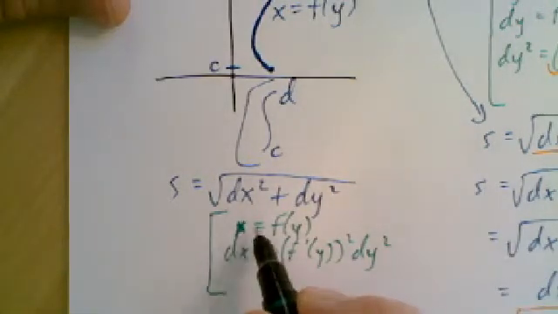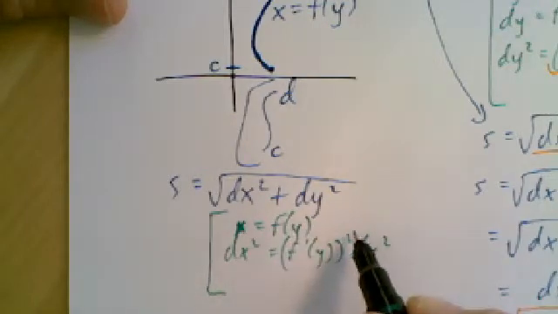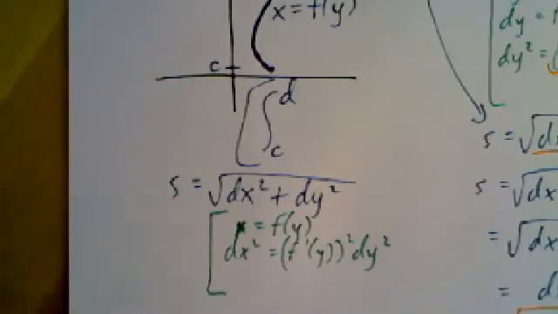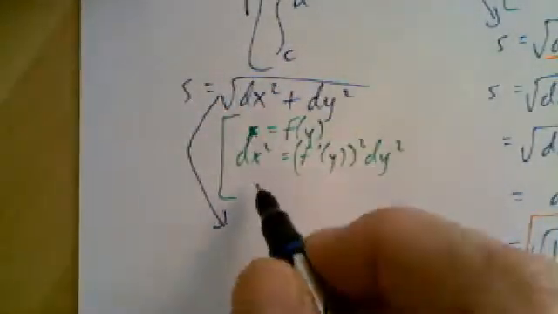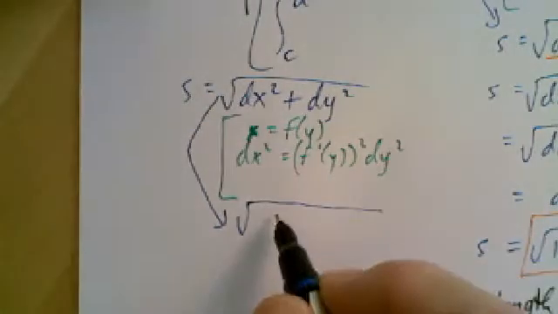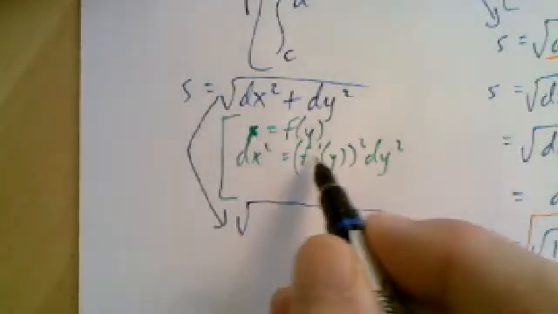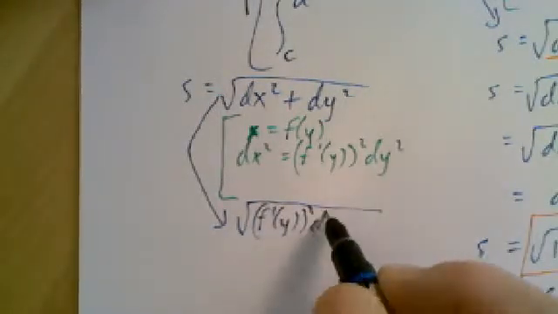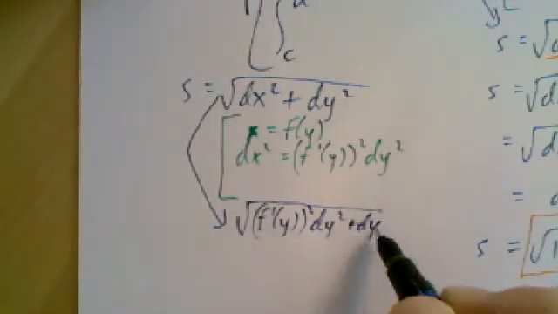Then the formula becomes almost identical to the other one: the square root of dx squared plus dy squared, and we substitute in our f prime of y squared dy squared plus dy squared.